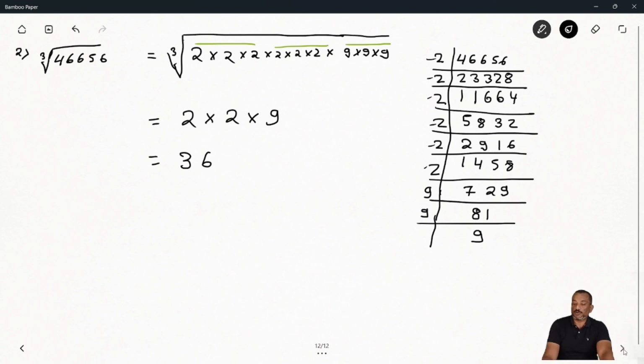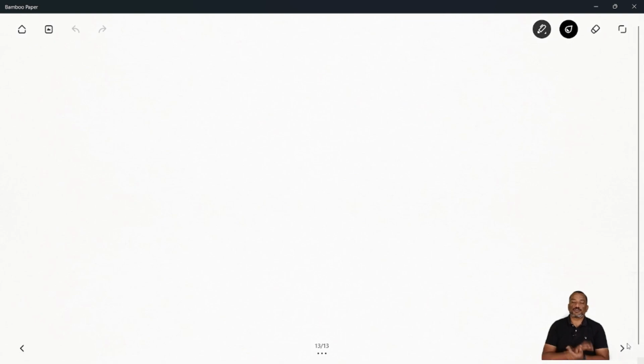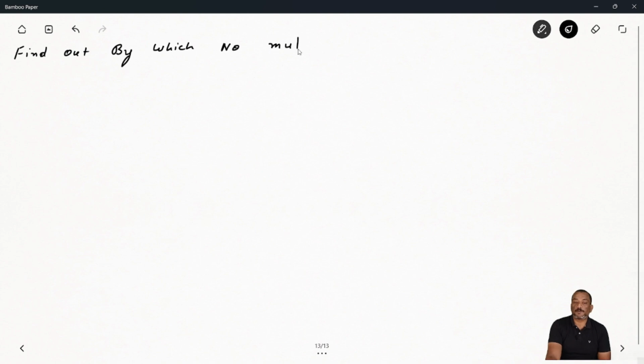Okay. Now same way here sometimes the question will come: find out by which number we should multiply to get a perfect cube.